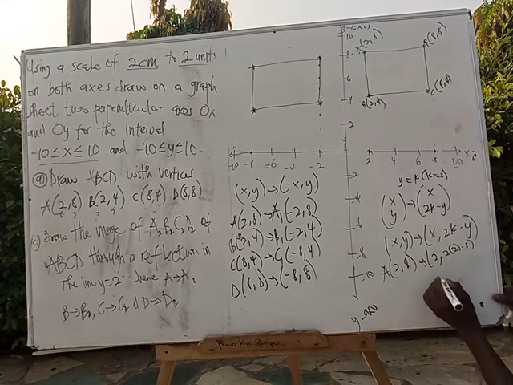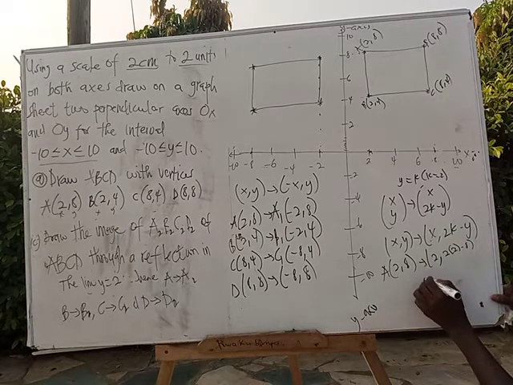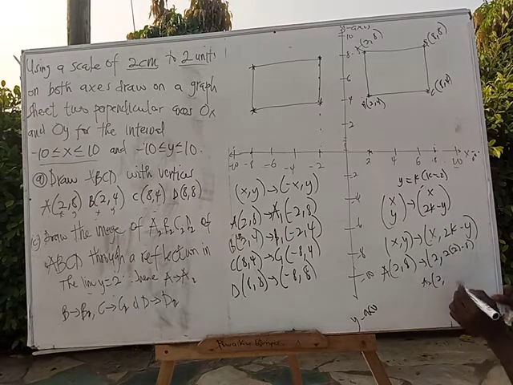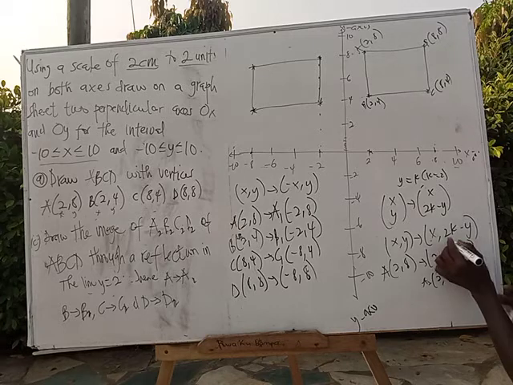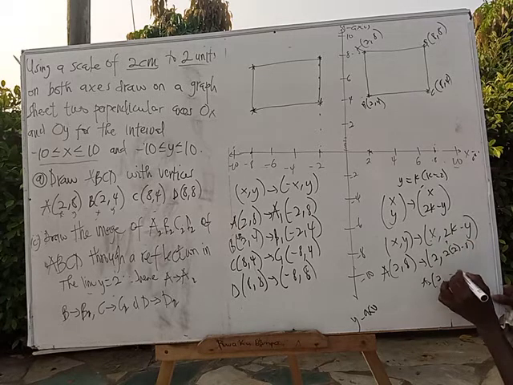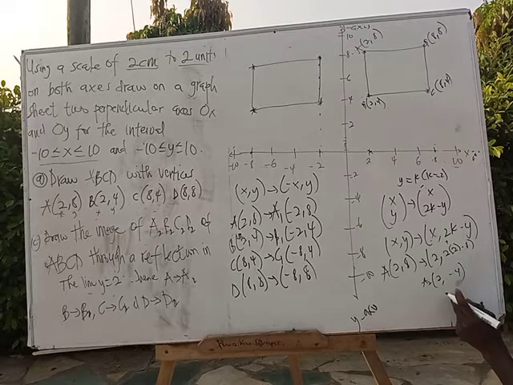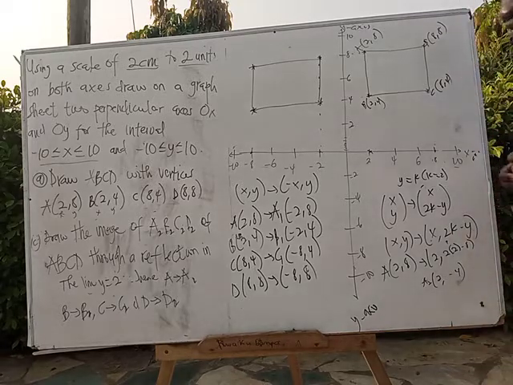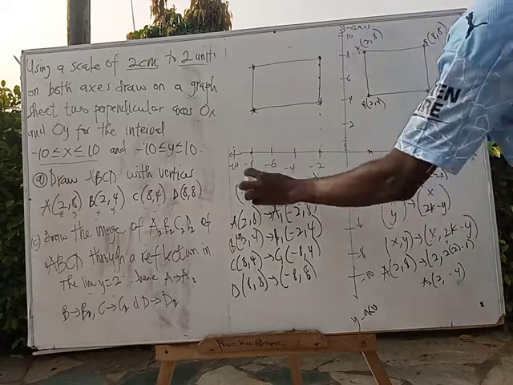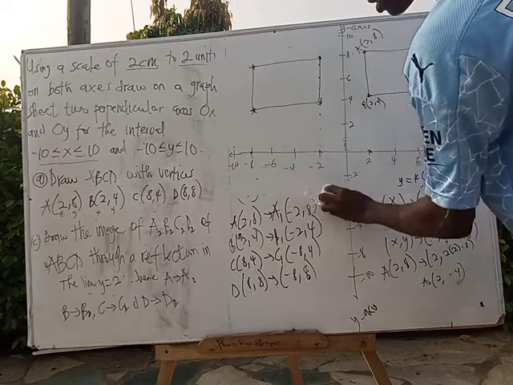So the image of A, that is A2, is going to give us (2, -4). So the x is positive and the y is also negative. Okay, this is the first value. Let me clean this one and continue with the rest, because we are done with this one.